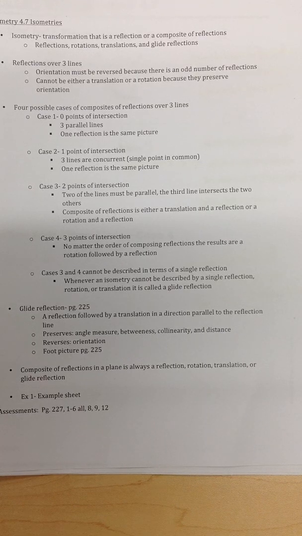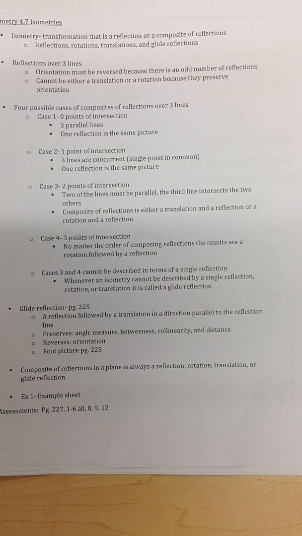So that's kind of a confusing definition there, but basically what it means is you just have to do a translation, so like a slide or a rotation, and then a flip following either of those movements. Okay, some other stuff that goes with glide reflection.